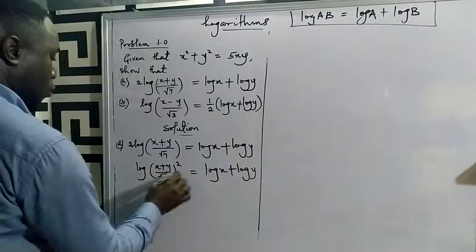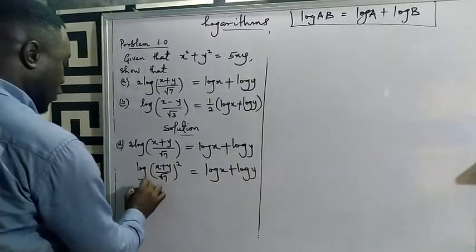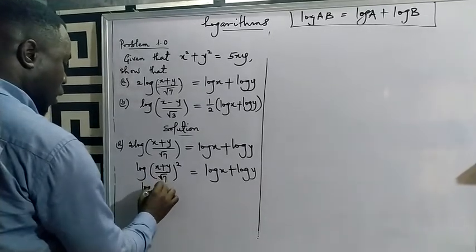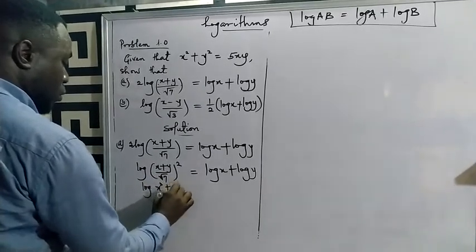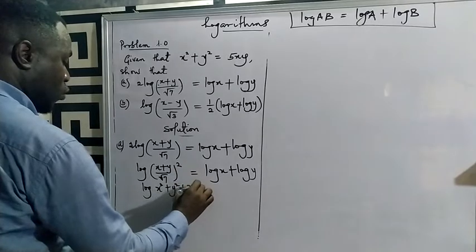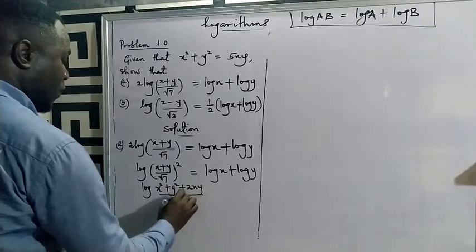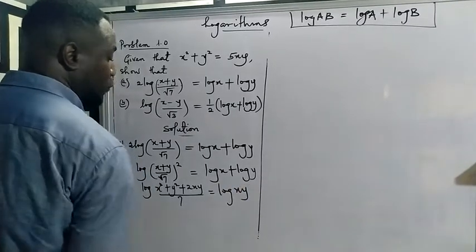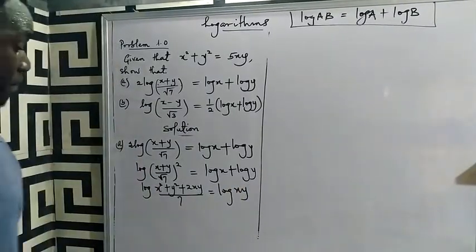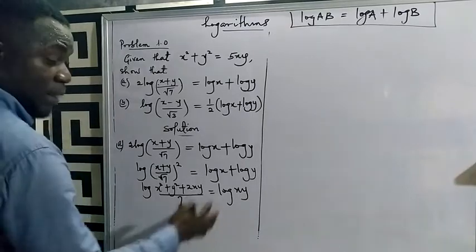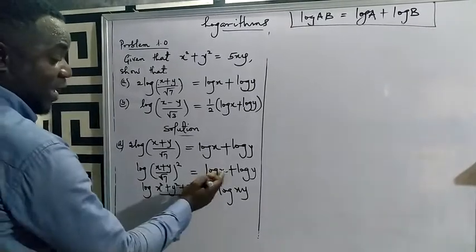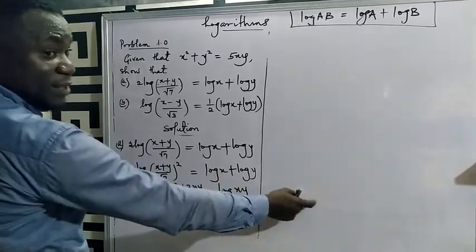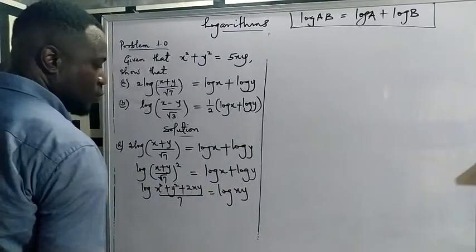So going to this place, you have log of (x squared plus y squared plus 2xy) over 7 equals what? Log xy. Are you there? Good. I'm applying the rules of logarithm. Log x plus log y, we just established that it's the same thing as log xy, right? Good.